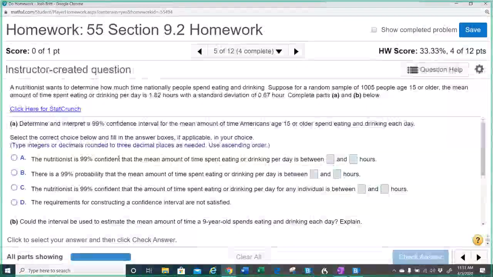Okay, so this time we've got time spent eating and drinking. Suppose 1,005 people, 15 and older. The mean amount of time spent eating or drinking is 1.82 hours. So let's jot this down. Mean is 1.82. Standard deviation 6.7. Sample size 1,005. And we want 99% confidence interval.